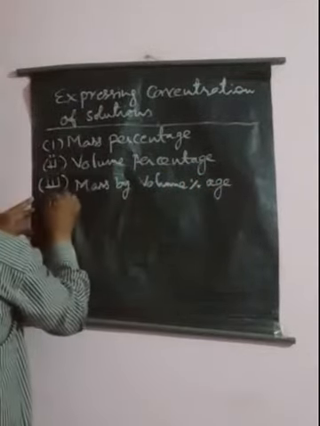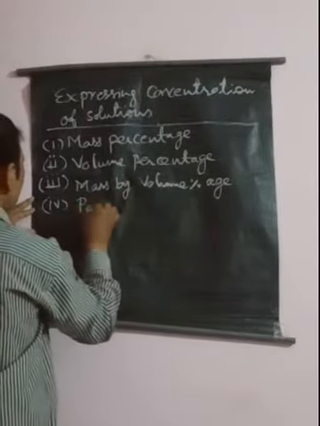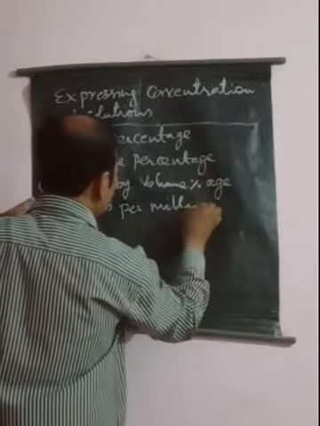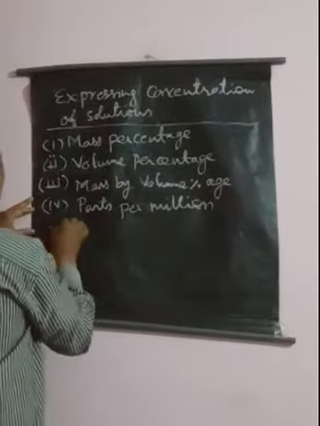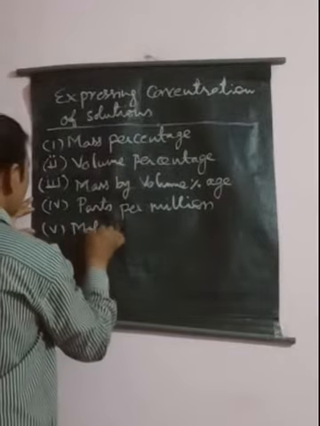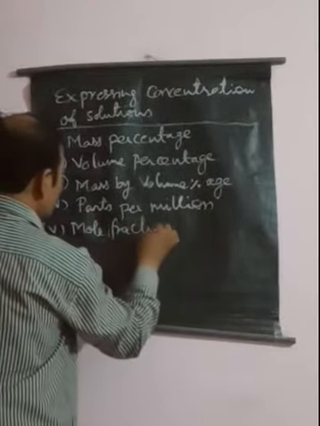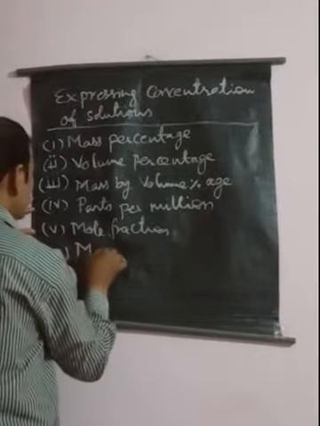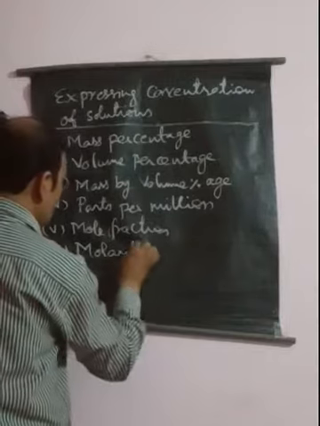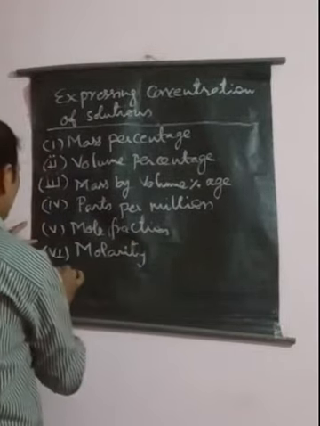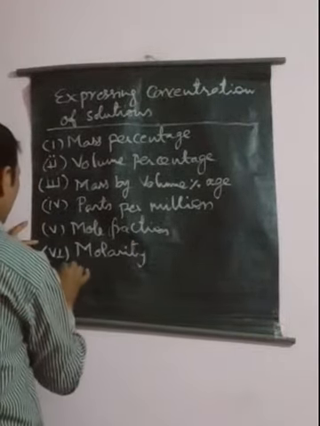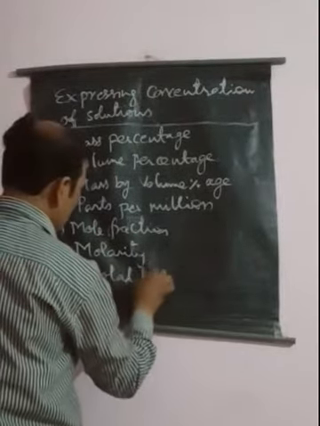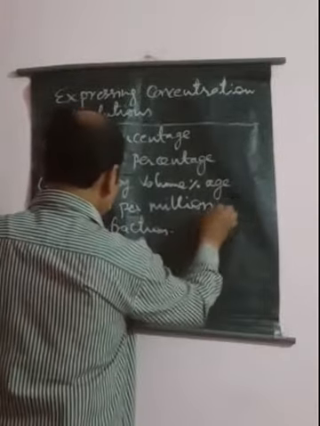Fourth method is parts per million. Fifth method is mole fraction. Sixth method is molality. Seventh method, which is given in our syllabus, is molarity. We will see all these methods one by one.